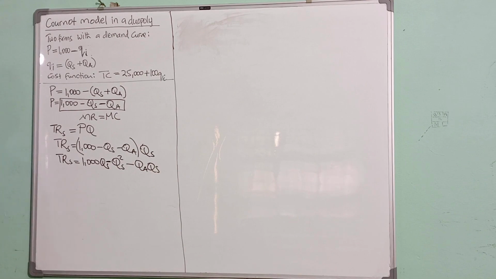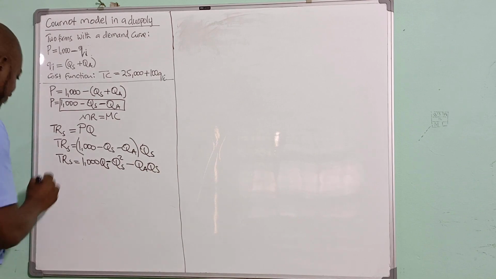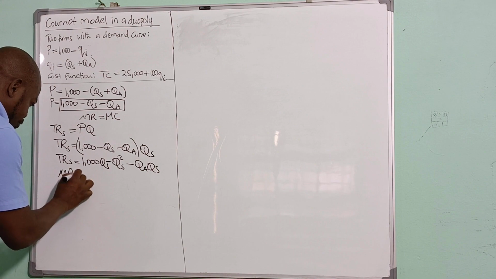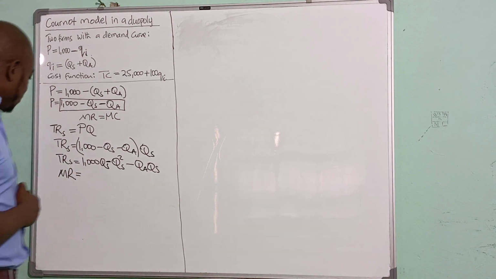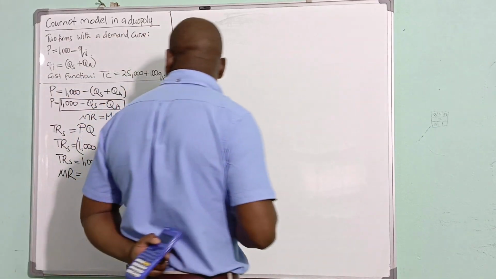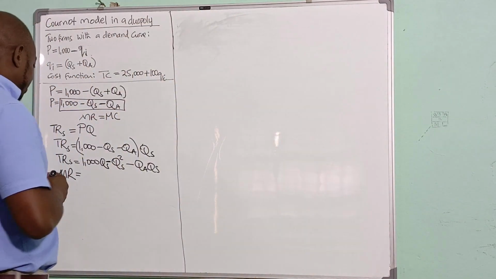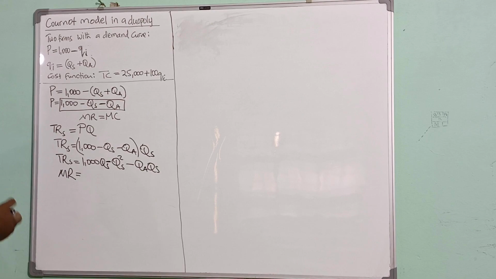Now here I can find the marginal revenue. I already demonstrated to say marginal revenue is basically the derivative of total revenue function. Okay, marginal revenue is basically the derivative of total revenue functions.